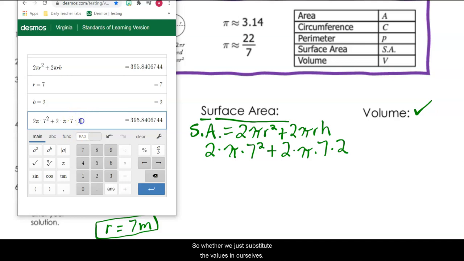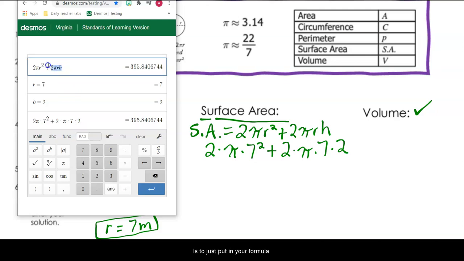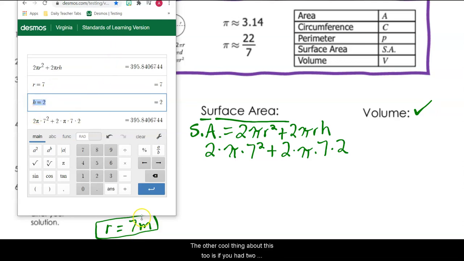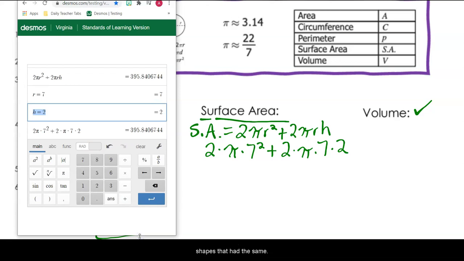So whether we just substitute the values in ourselves, that's a way we can do it. Or probably the most accurate way is to just put in your formula and then also put in your values for your radius and your height. The other cool thing about this too is if you had two shapes that had the same radius and height, like we did in our last example, you could actually leave all this in your calculator and then put in the formula for volume.